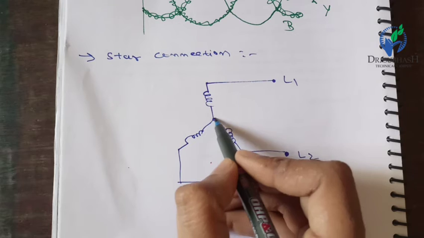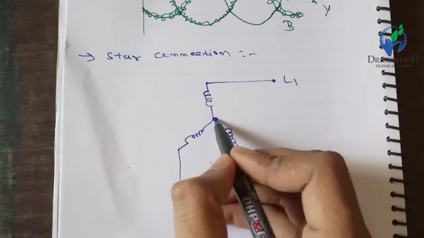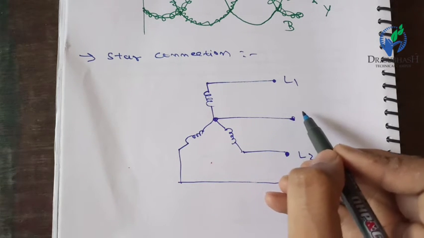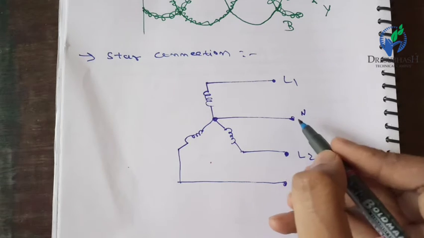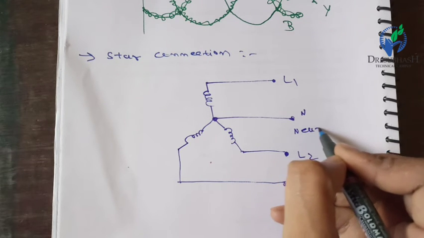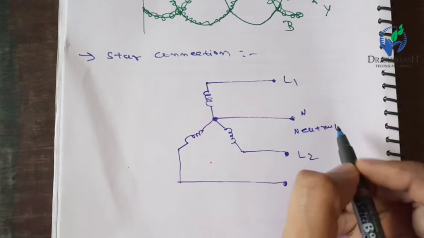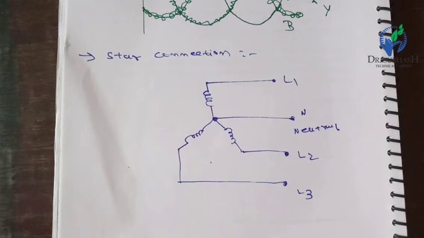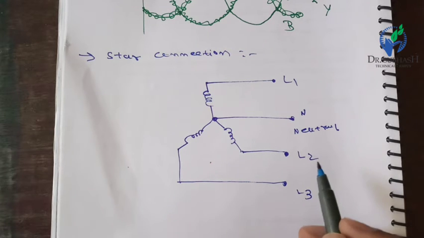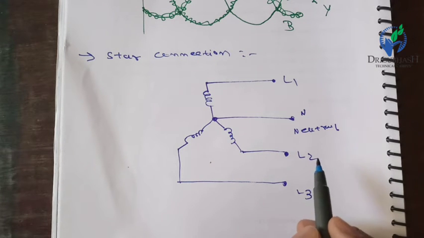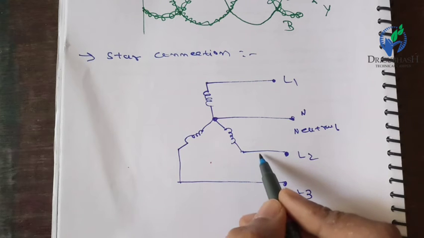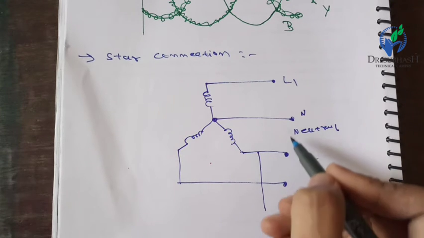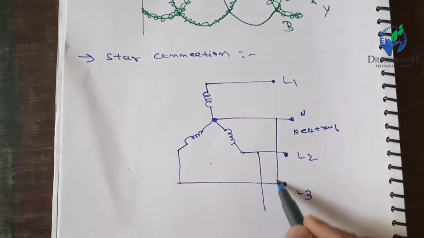This point is the neutral, named N. For the load, it is connected between a phase and neutral, first with the L2 line, and it is connected with the neutral wire.